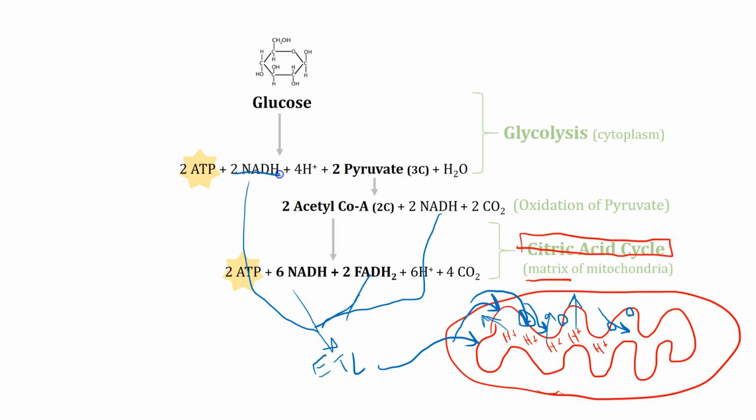So anywhere you see these molecules, that means that they're bearing electrons, and where they actually end up going is the electron transport chain, so that all of these 6 hydrogens, which are in the matrix, can get pumped out. They accumulate in the intermembrane space, and then they flow down the ATP synthase. They turn it. They provide the energy to take ADP, add it to inorganic phosphate to make ATP.